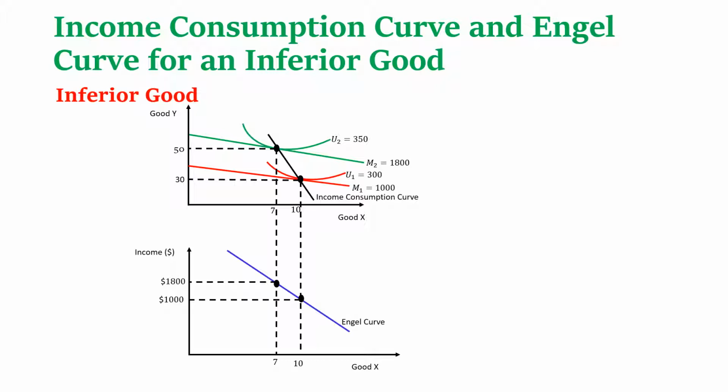So if we look at this offer curve here, or the income consumption curve, we notice that it is sloping downwards instead of upwards. The successive points of tangency between the indifference curve and the budget line occur to the left of the original tangency point.